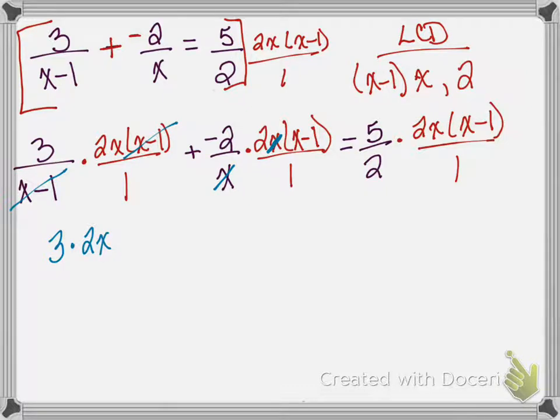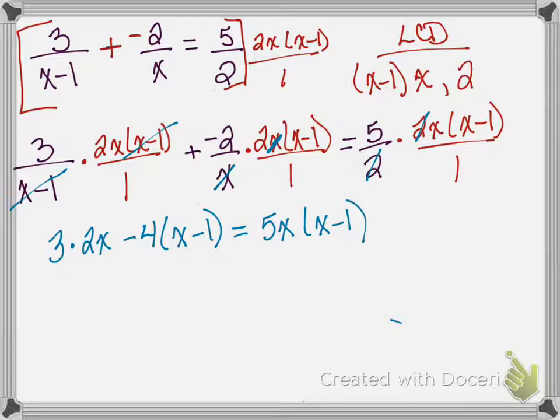I'm going to go ahead and simplify negative 2 times 2. What's negative 2 times 2? Excellent. So I've got negative 4 times x minus 1. Then I've got 5 over 2 times 2x, x minus 1. The 2 cancels. So now I have 5x times x minus 1.